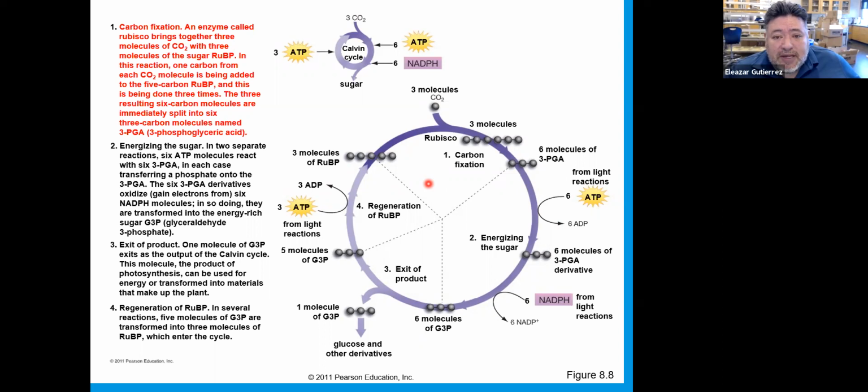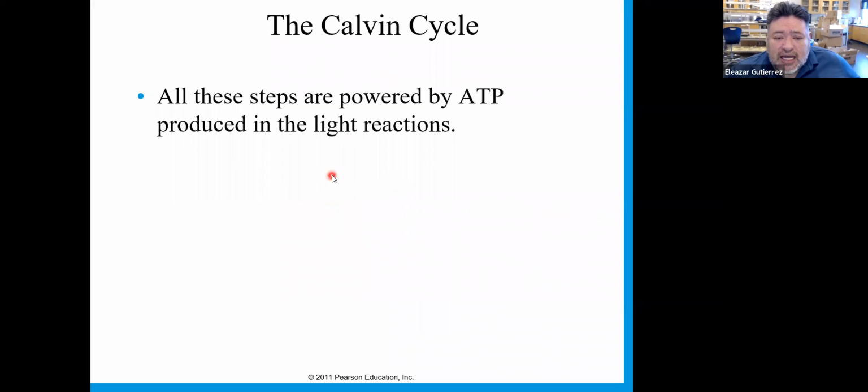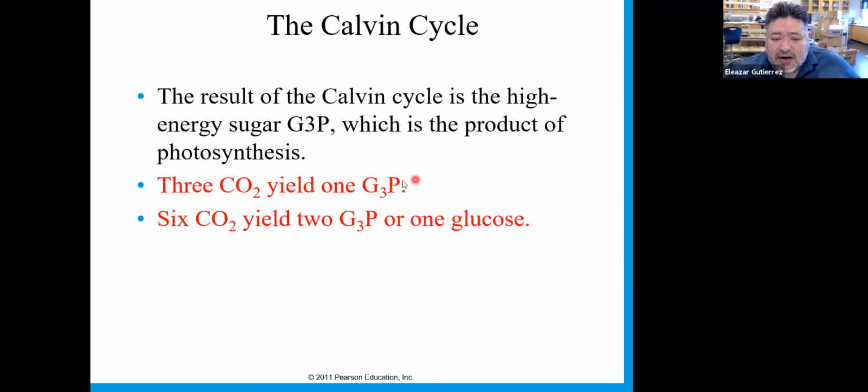Okay, what's the big picture? How much energy is being invested in producing 1 glyceraldehyde 3-phosphate? Okay, so let's count it. You can look at this guy, or you can look at this little guy up here. They both do the same thing. So we're going to take 3 CO2s. In other words, we're looking at this one right here.